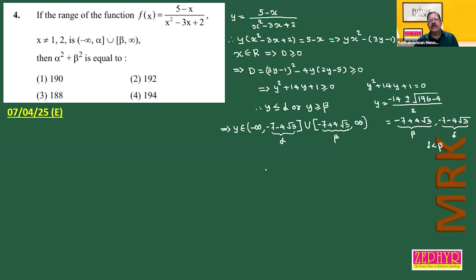Okay. Now what are you being asked to find out? Alpha squared plus beta squared is equal to (minus 7 minus 4 root 3) squared plus (minus 7 plus 4 root 3) squared.